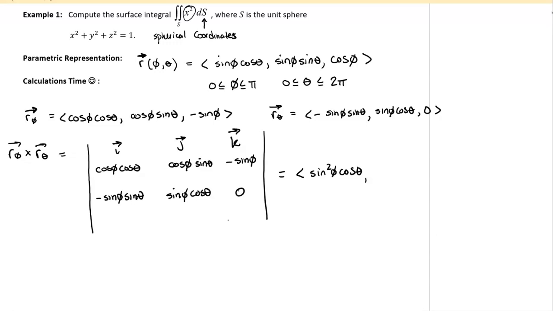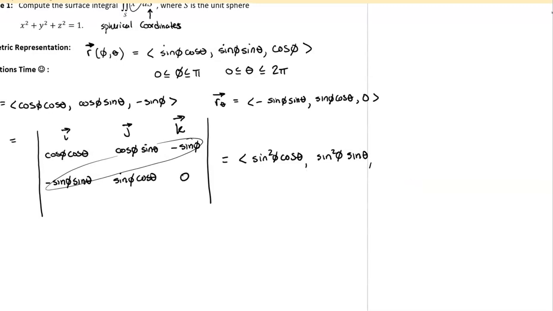Sine squared phi sine theta. I'm sorry, I'm doing that backwards. That's got to be positive. We're doing this diagonal first. So it is positive minus 0. My bad. And then moving on to our last one, we got a bunch of stuff going on here.